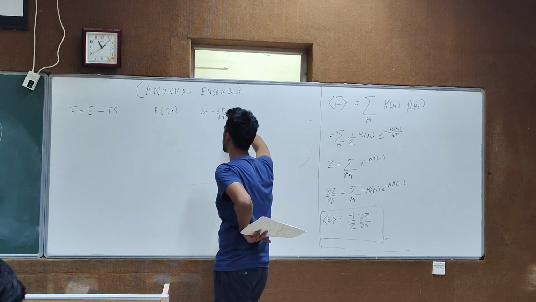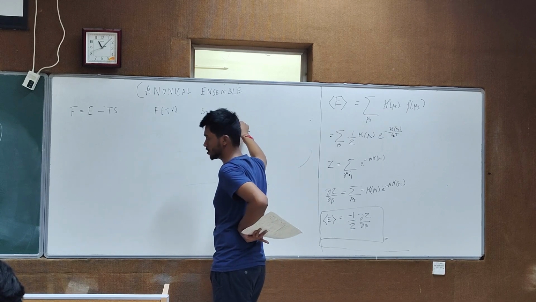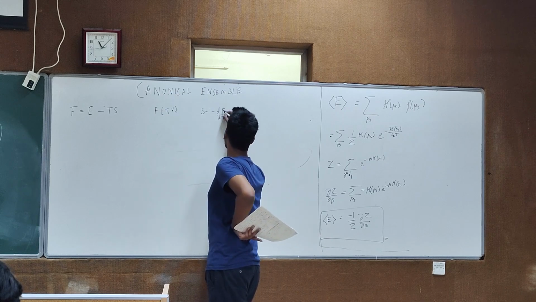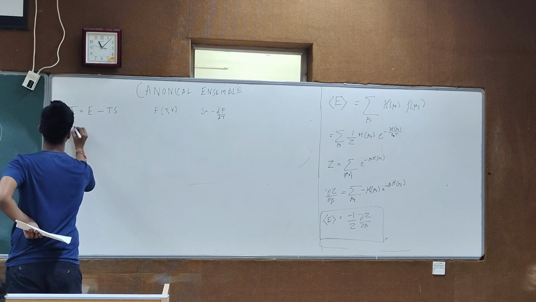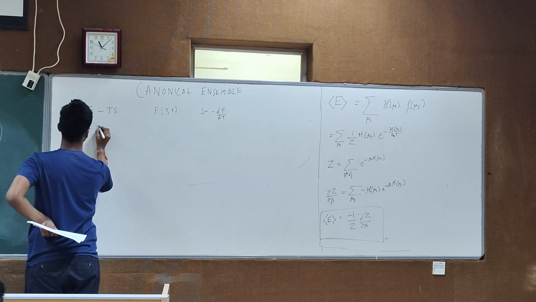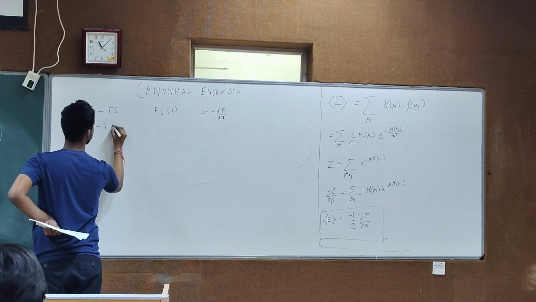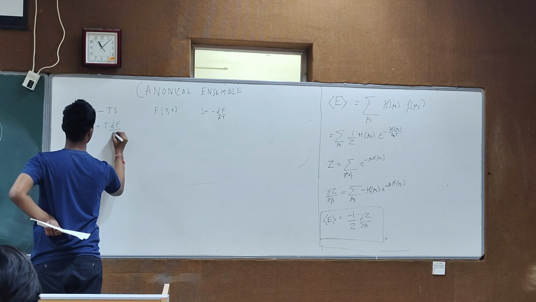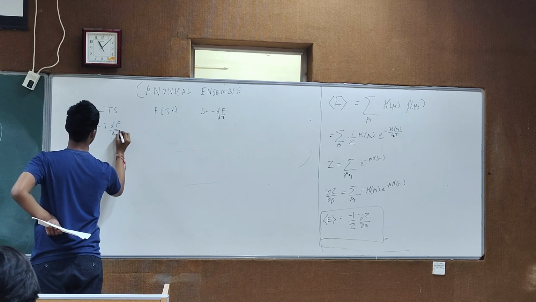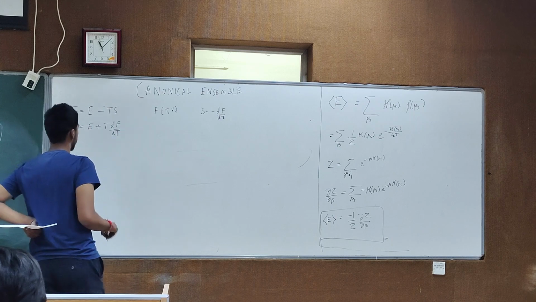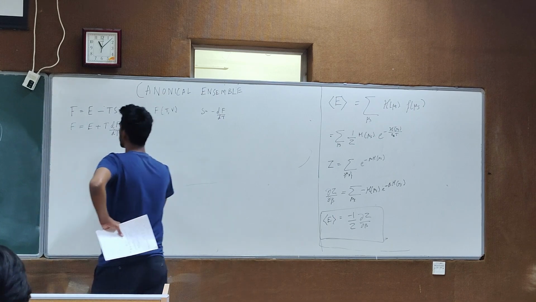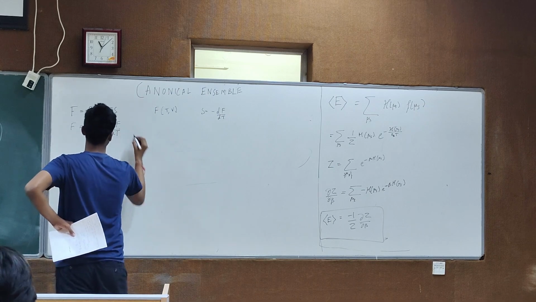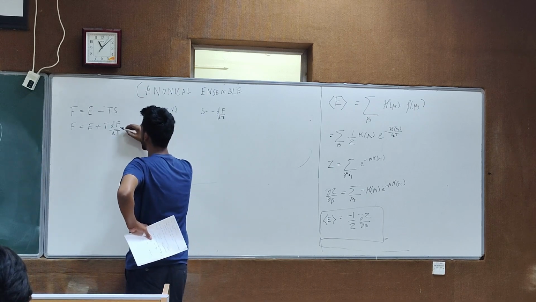I've written this as a total derivative because V is constant. So if you just substitute it here, you get E equal to F plus T S, and you can write this in terms of beta.